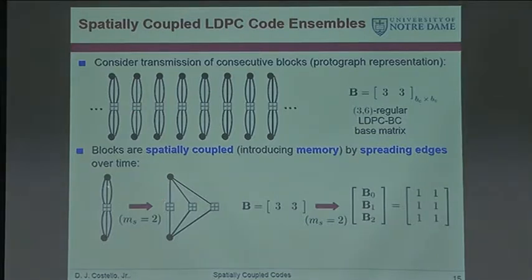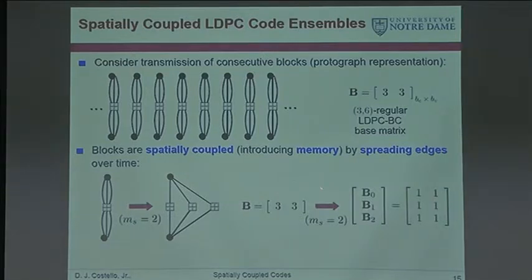In this example, we would take 2 of the connections and spread them to the check node at the next time unit, and we'd take another 2 connections and spread them to the check node at the following time unit. So we're spreading edges in a protograph, thereby connecting different blocks and introducing memory into the system.